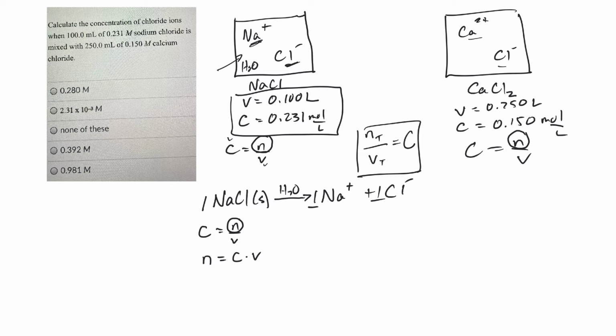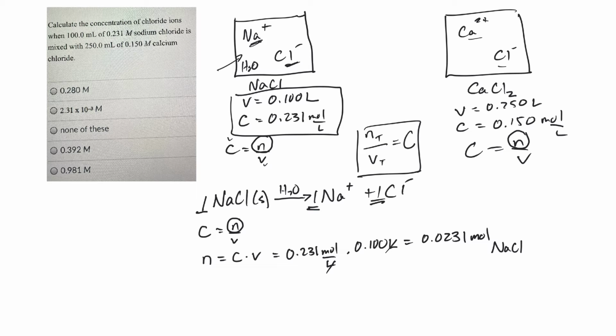Again, if you have problems rearranging formulas, let me know. Concentration 0.231 moles per liter times the volume 0.100 liters. The liters cancel, and that will be 0.0231 moles of sodium chloride. Going back to my mole ratio, 1 mole of this produces 1 mole of that and 1 mole of that.